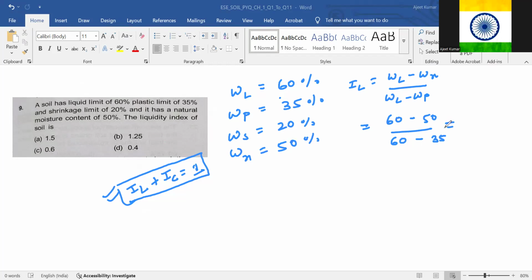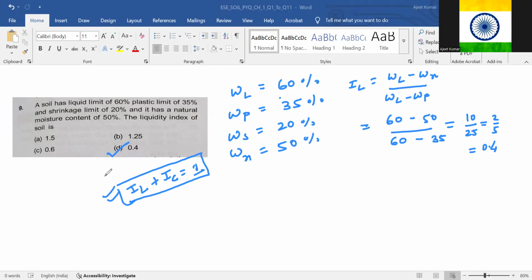This gives 10 by 25, so 2 by 5, which is 0.4. So this will be the answer, 0.4.